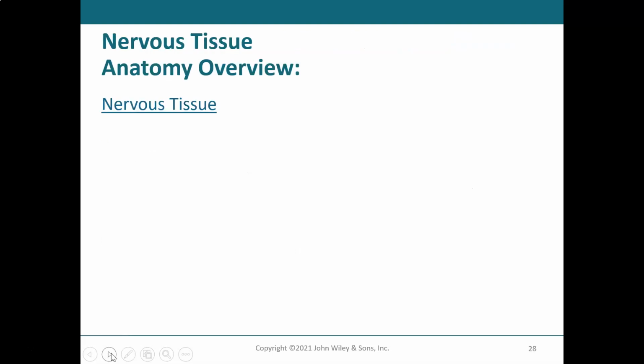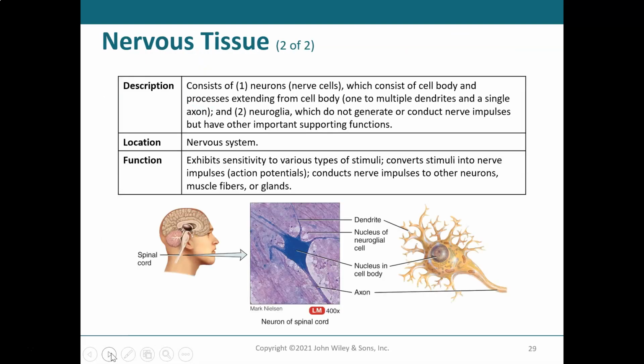Again, for those who like to have a little bit more of a visual look at things, here's a link you'd find in the static images. So in terms of nervous tissue, it is throughout the body, made up of two important elements, the nerve cell itself and the supporting structures. They allow for the conduction of stimulus.